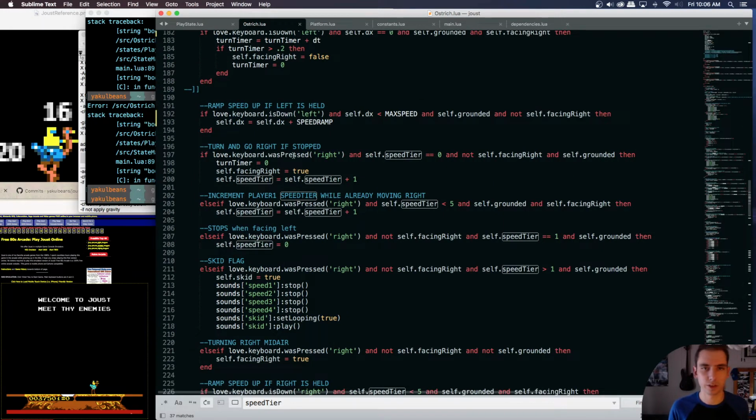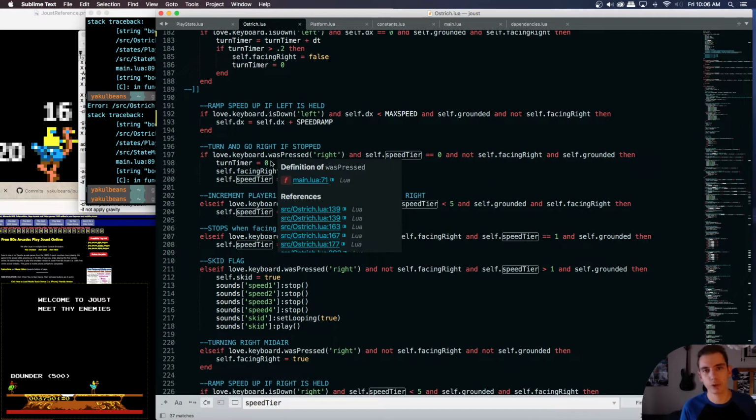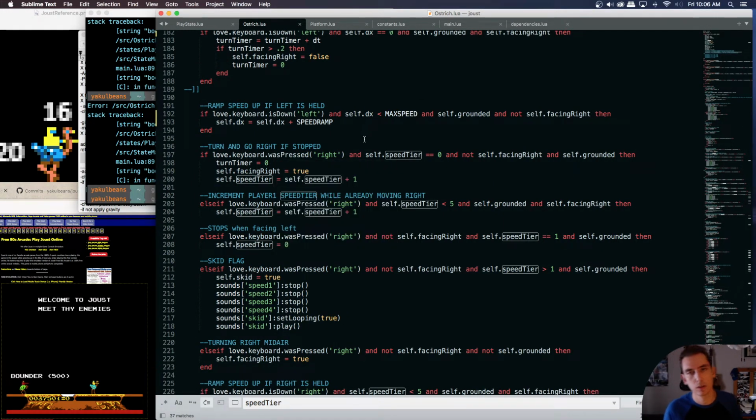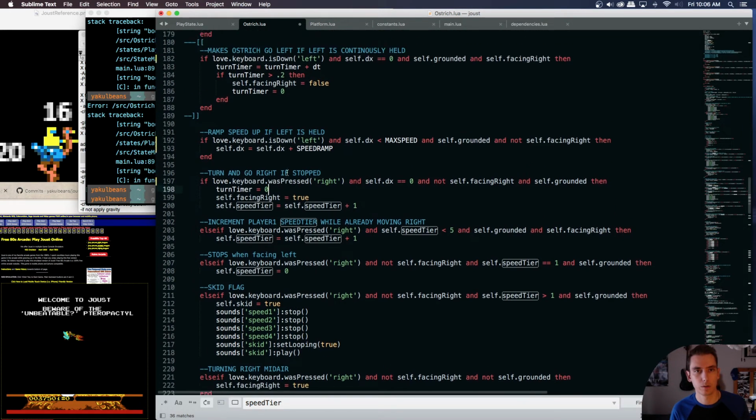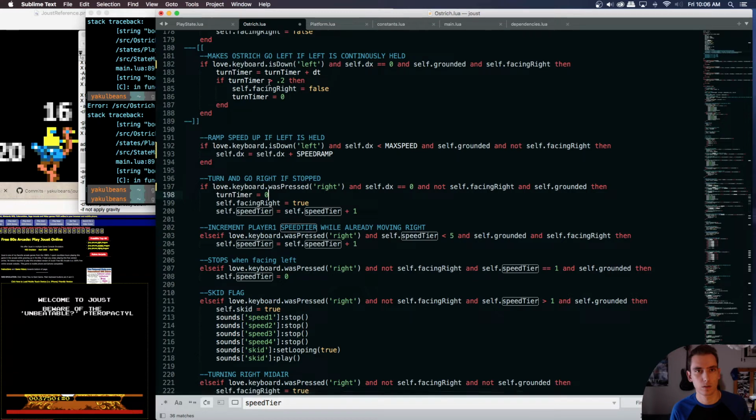Okay, let's try it. Turn and go right if stopped. Well, this should be dx is 0. Was pressed. Turn and go right if stopped. Was pressed should be okay for that. Well, we need turn timer.